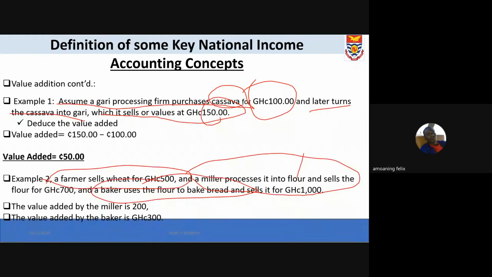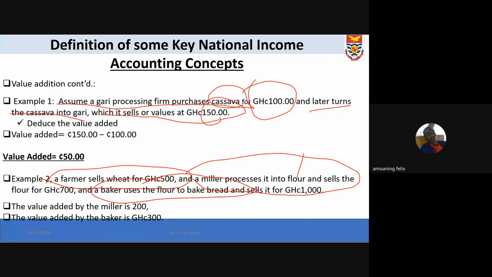I was trying to say that assuming a farmer cultivates cassava, and then a firm goes to the farmer and buys the cassava for 100 Ghana cedis.